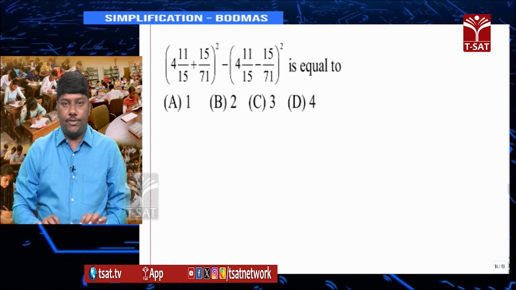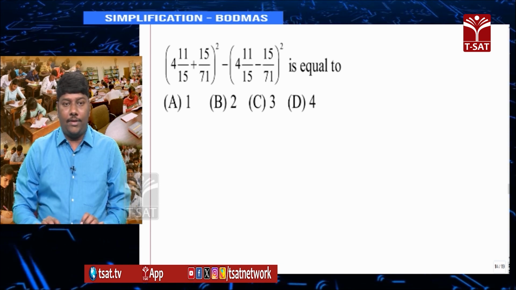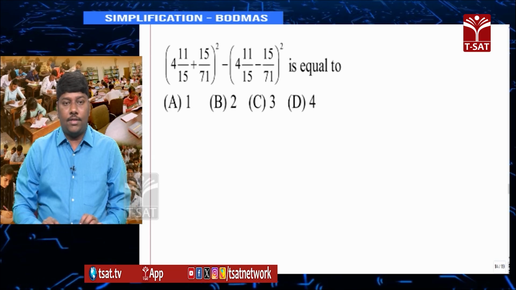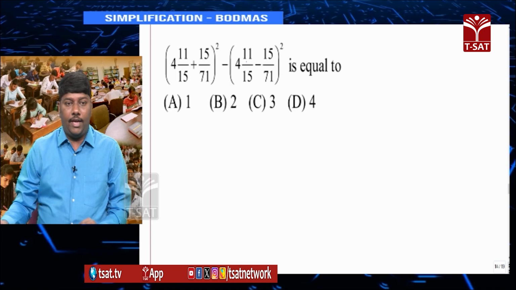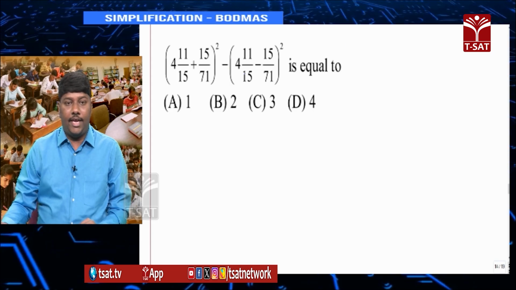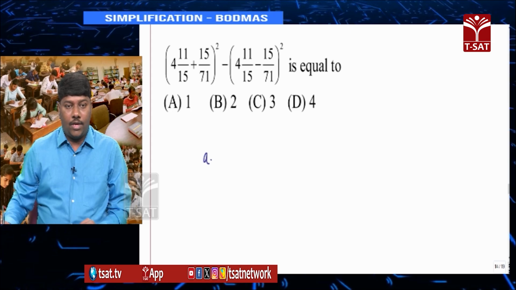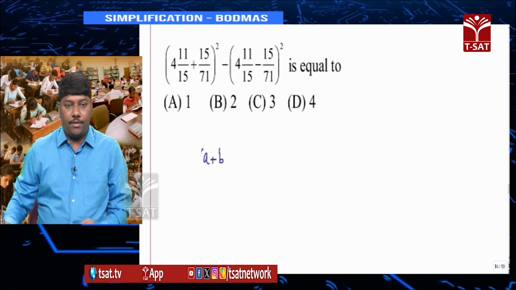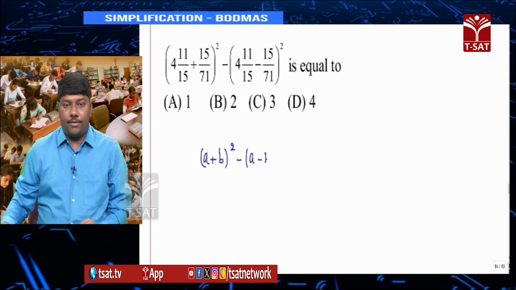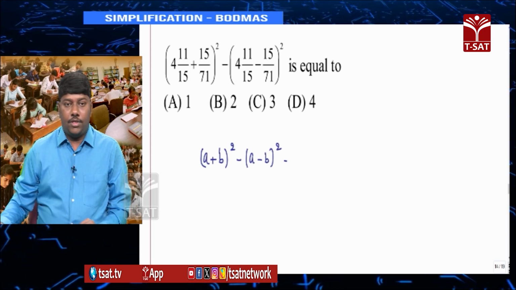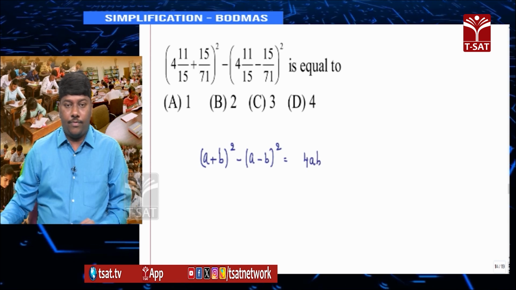Now, look at the problem based on this. Look at the fractions given: 4 11 by 15 plus 15 by 71, whole square. It is in the form of a plus b whole square minus a minus b whole square. Just now we have seen a plus b whole square minus a minus b whole square is equal to 4ab.